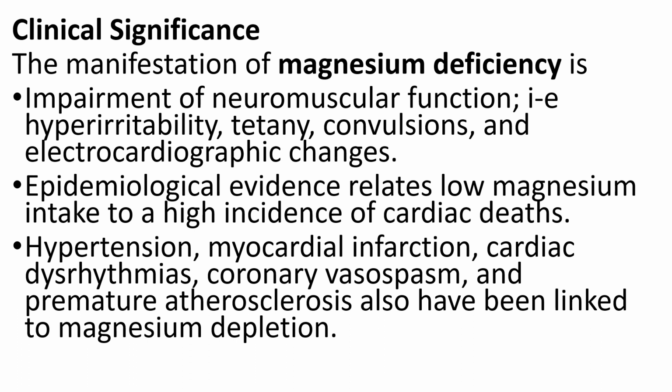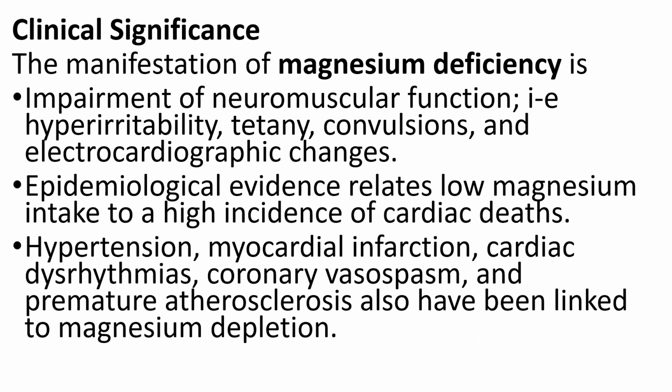As a result of these causes, when the magnesium level is less than 1.7 milligram per dl, the patient will present with certain signs and symptoms, and the clinical manifestation of magnesium deficiency is characterized by impairment of the neuromuscular junction.